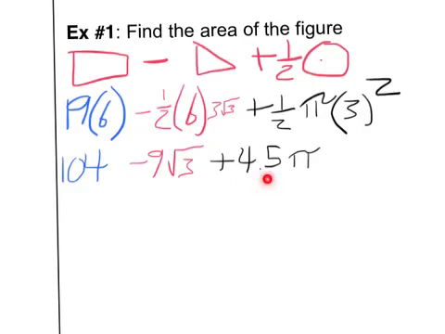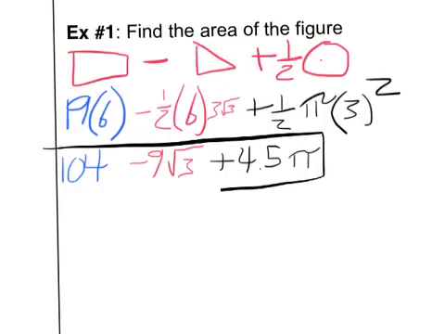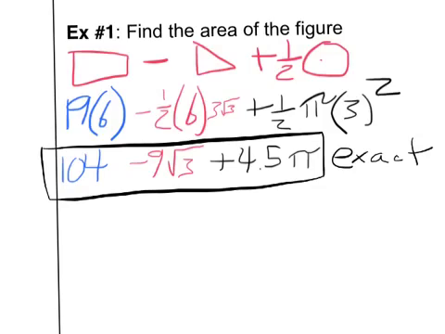Now, I could not simplify this anymore without using a calculator, so this is actually what we would call an exact answer. Exact. But if I needed to, I could plug all this into my calculator: 104 minus 9 rad 3 plus 4.5 pi, and it'll give me a decimal answer.